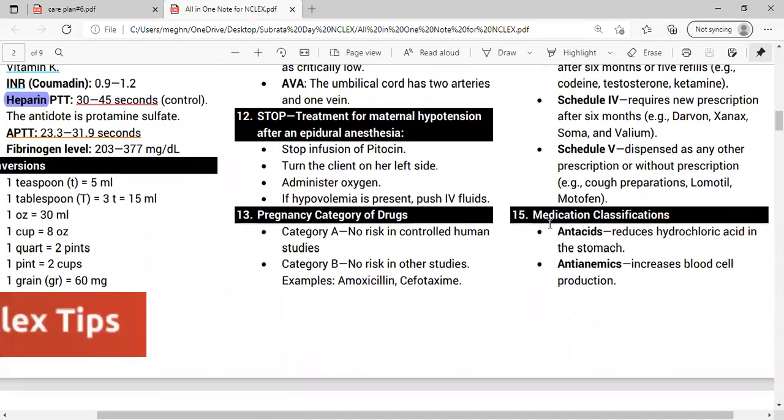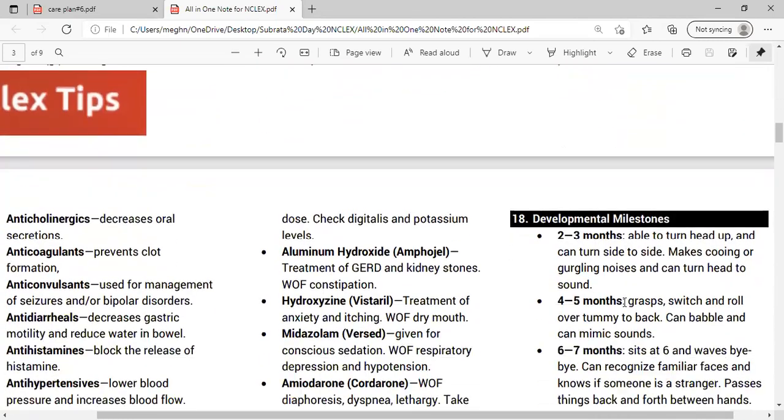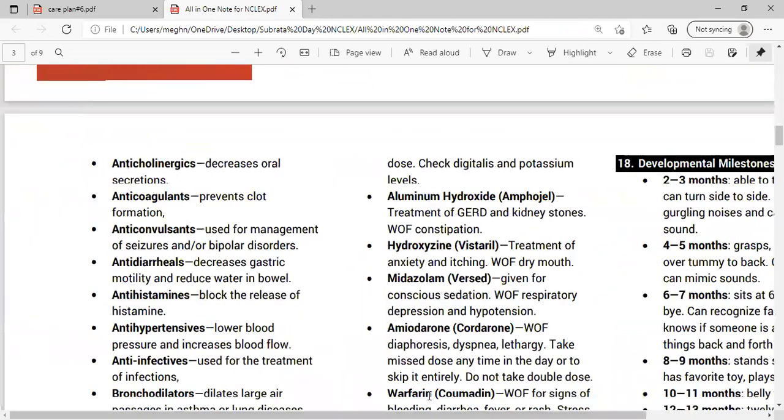Now, medication classification. Antacids, we usually use to reduce hydrochloric acid in the stomach. We can buy them over the counter. Antiemetics are medications we use to stop vomiting. Antianemics increase blood cell production. Next, here we go.